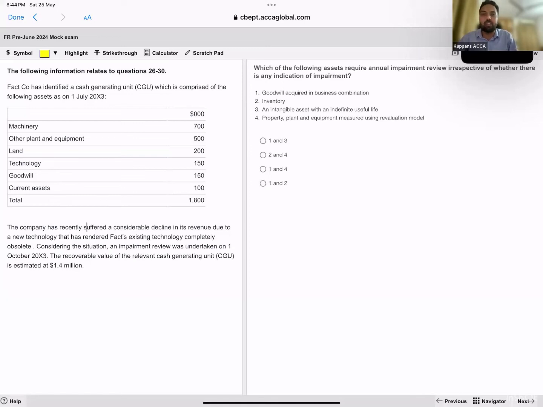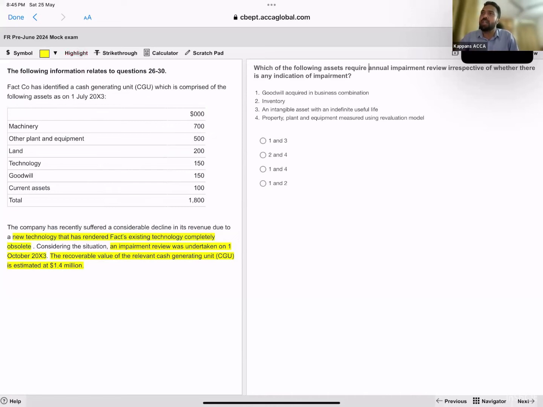The company has recently suffered a considerable decline in its revenue due to new technology that has rendered Facto's existing technology completely obsolete. Considering the situation, an impairment review was undertaken on 1st October X3. The recoverable value of relevant cash generating unit is 1.4 million.